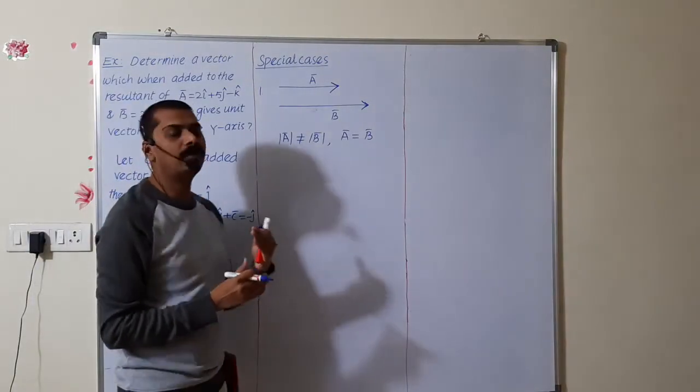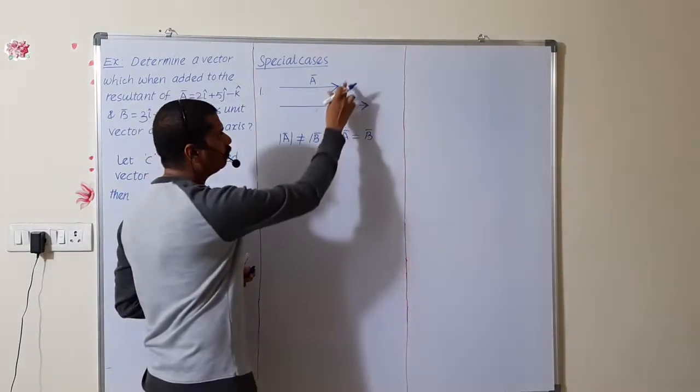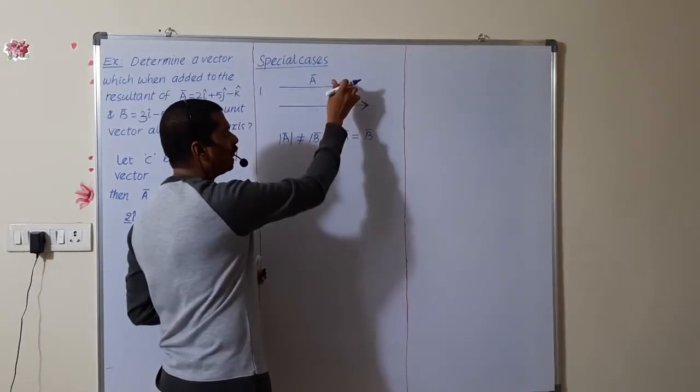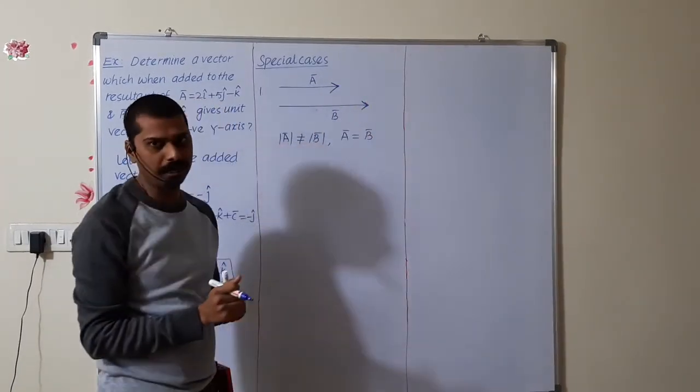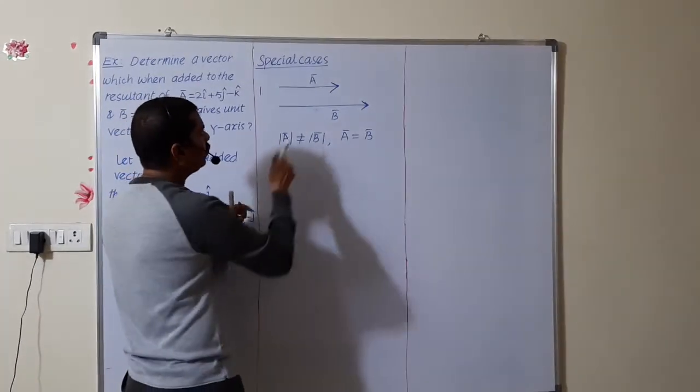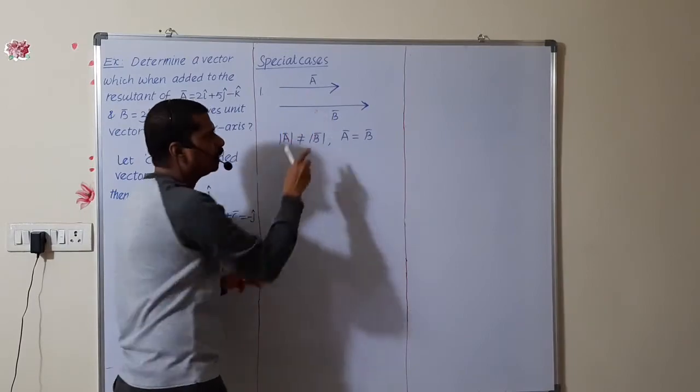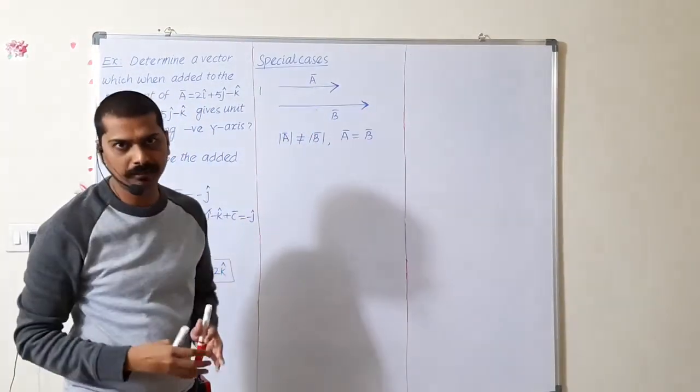How do I have to write it? According to magnitude these two are not equal, but according to direction they are equal. By seeing the diagram, you can understand that vector A and vector B are parallel to each other.